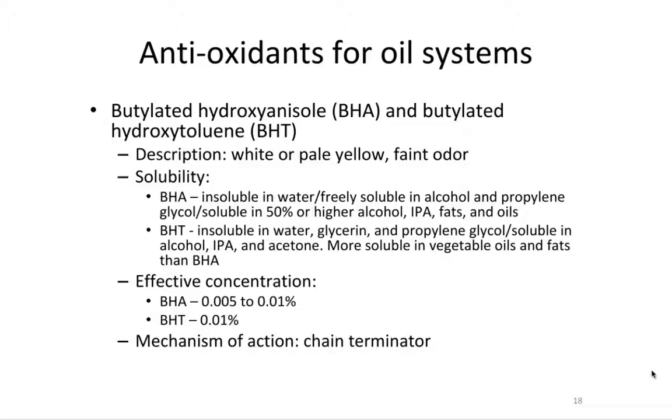The effective concentration is very low. BHA can be used at very low concentrations of 0.005 to 0.01%, and BHT can be used at a very low concentration of 0.1%. So these two can be used in very minute amounts, but still can exert their antioxidant effect, and so these two are very, very commonly used in oil-containing formulations. And the mechanism of action of this type of antioxidant is through chain termination.